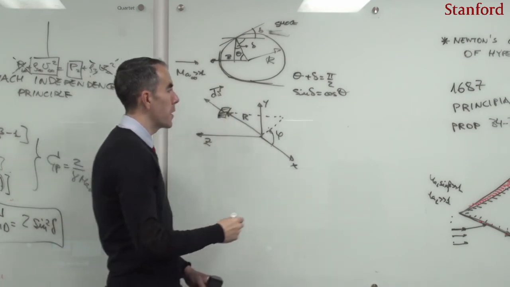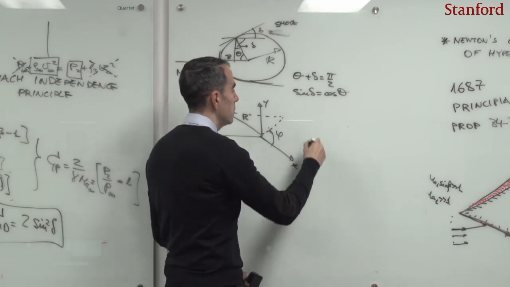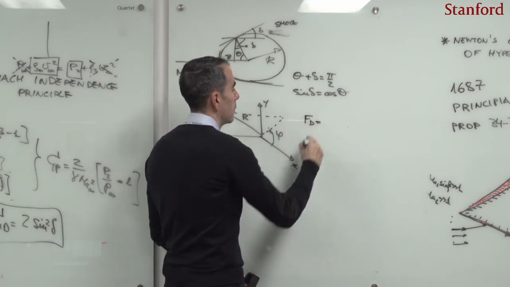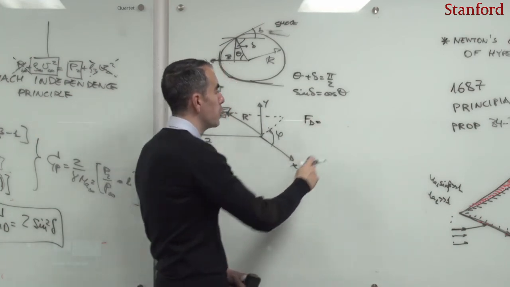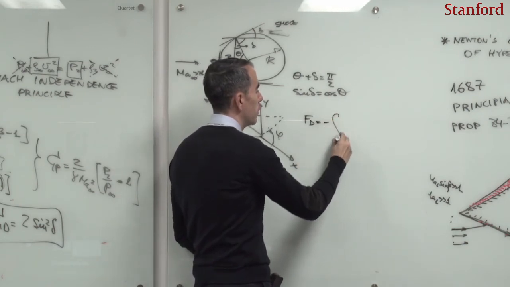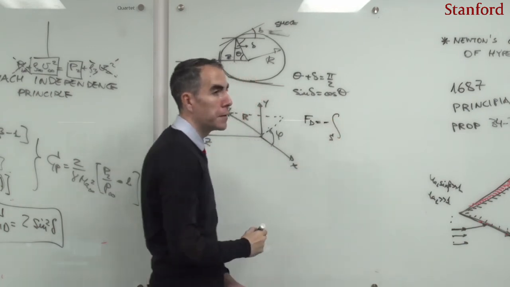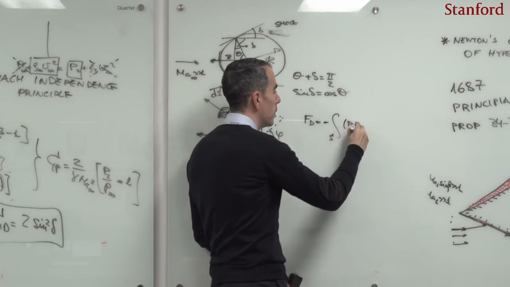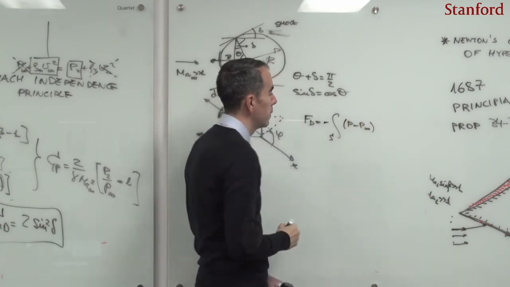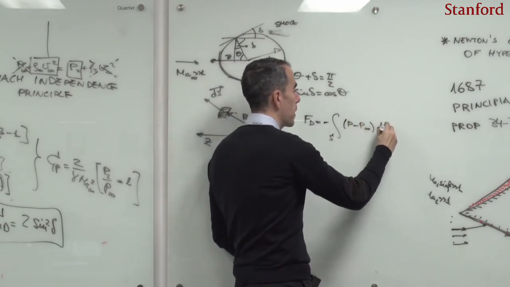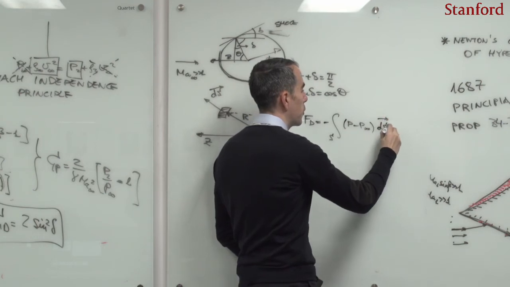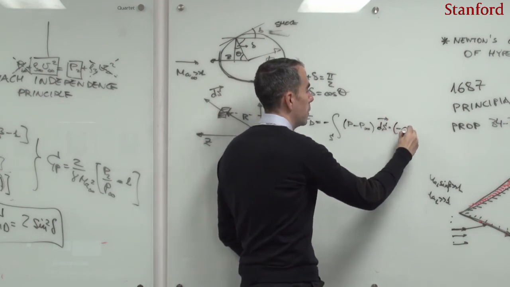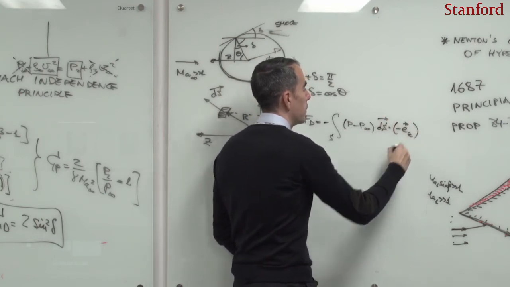So in particular, the drag force is just going to be the minus integral over the surface of the sphere of the pressure minus the pressure P infinity multiplied by that element of surface projected on the minus z direction.